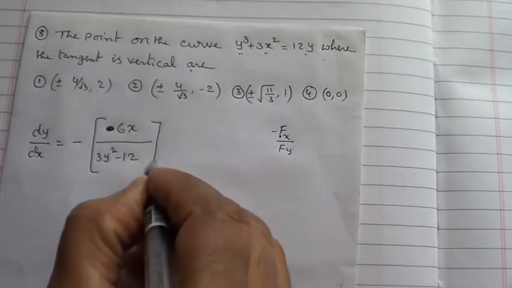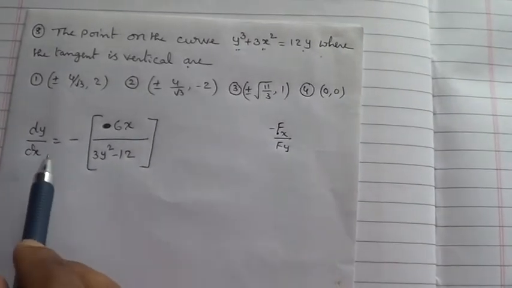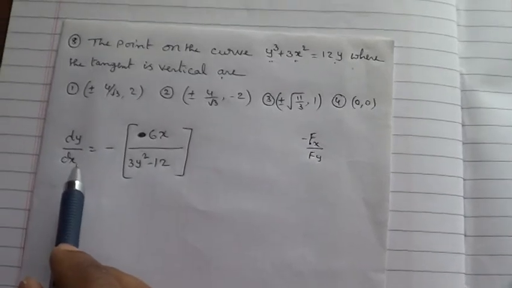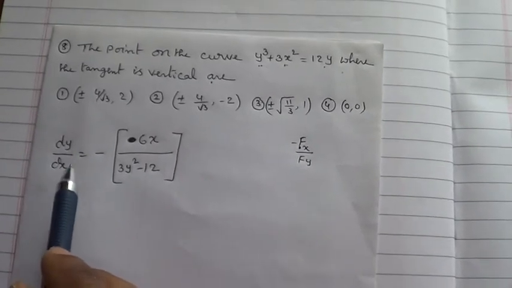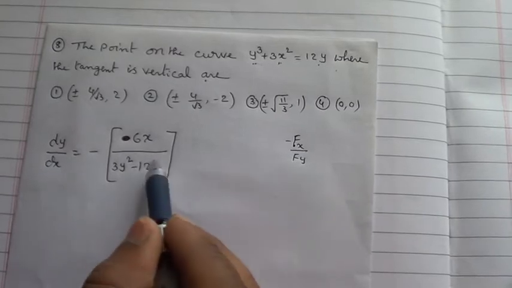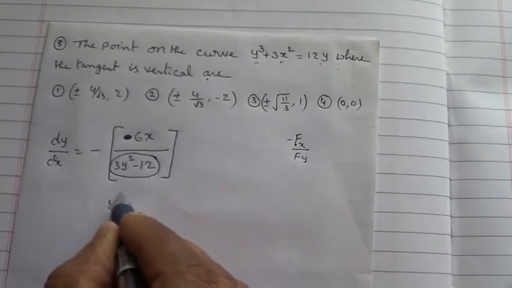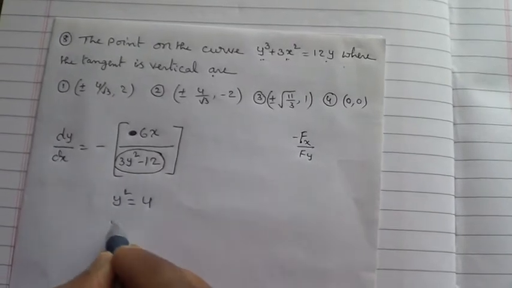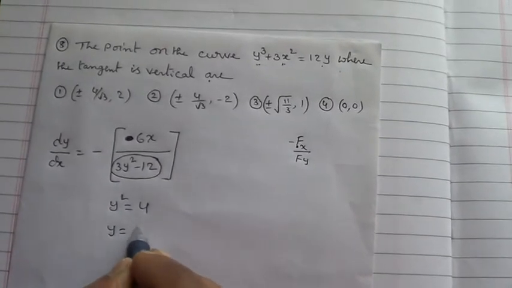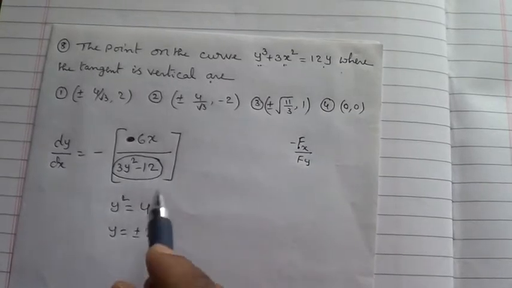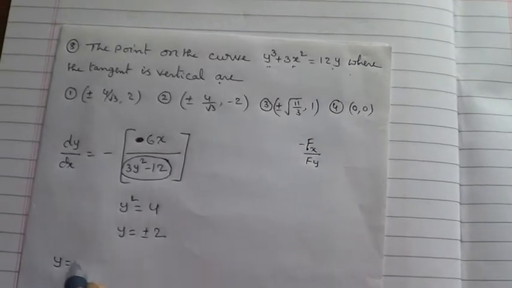That is the differentiation. But what is it saying? The curve has a vertical tangent, which means this must be equal to 0. So y square is equal to 4. Therefore y is equal to plus or minus 2. Now I am taking y equals 2.